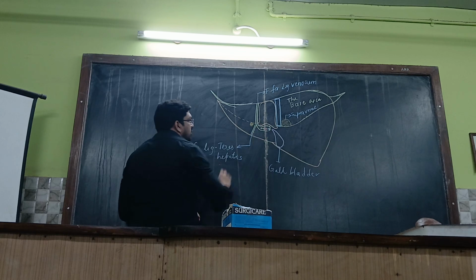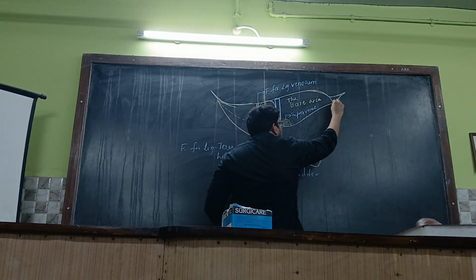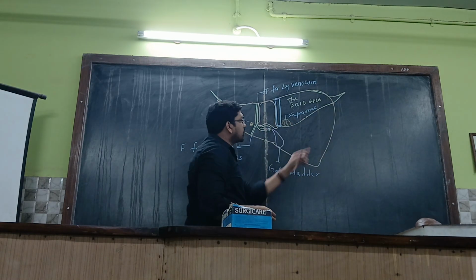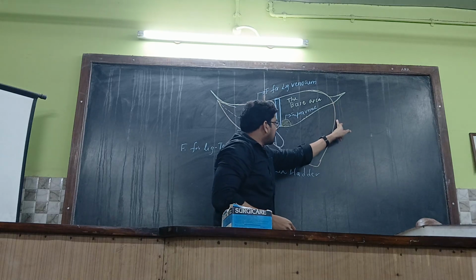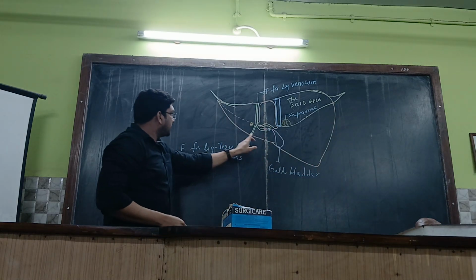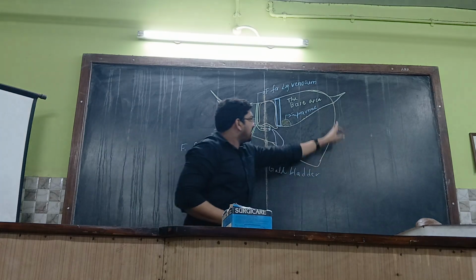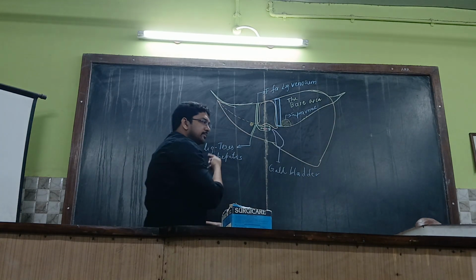From where to where does the inferior border extend? It starts from the lower part, or inferior layer, of the coronary ligament, goes downwards, goes over here, and then reaches this part over here. Everywhere the borders are semilunar in shape.